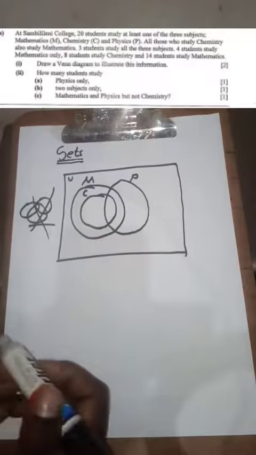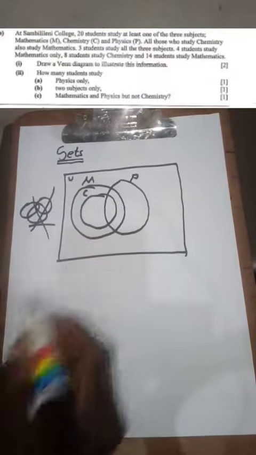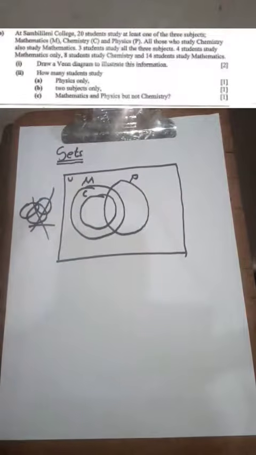You can also use that format, you can also use this one, it's also okay, but in this case I've decided to use that one. All right, so remember, one of the first points says all those who study chemistry also study mathematics, meaning chemistry is within mathematics.